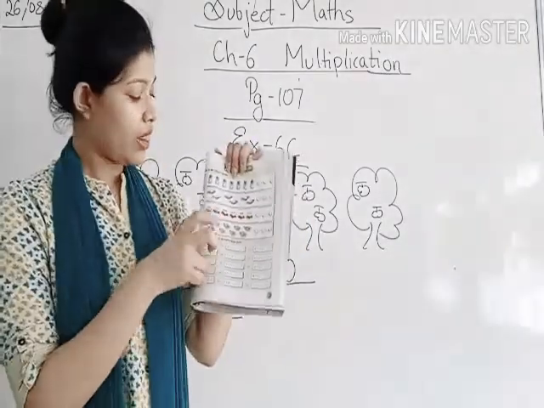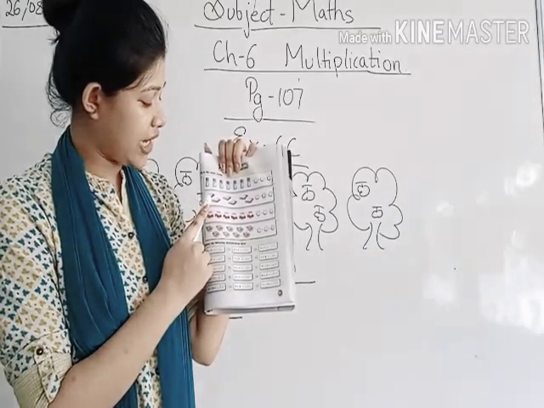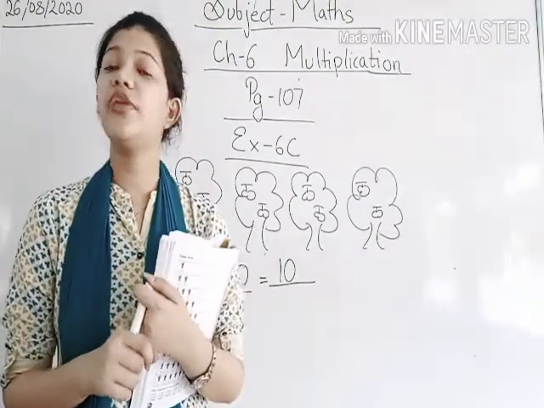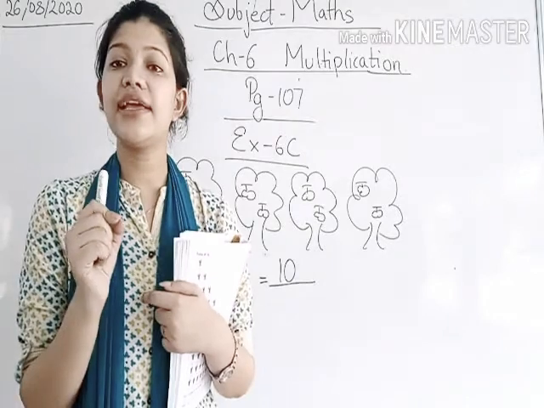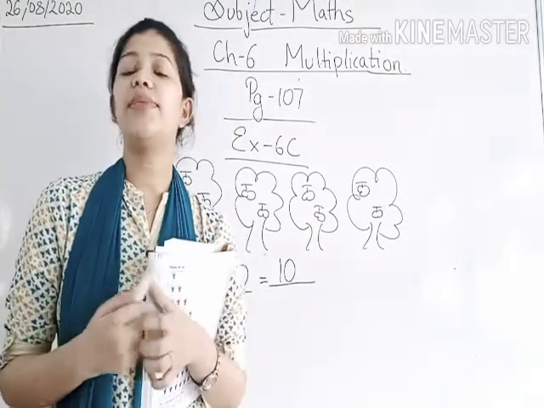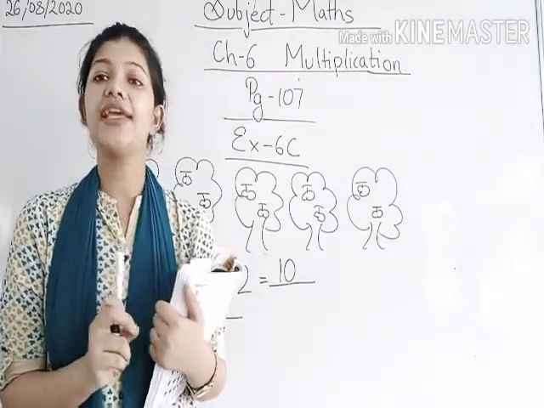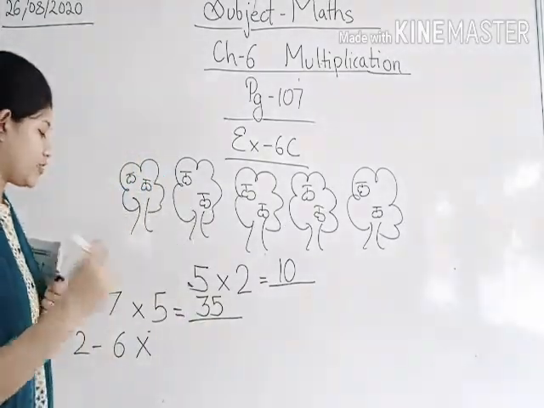Let's count. 1, 2, 3, 4, 5, 6, 7, 8, 9, 10. See, students, count very carefully, then only your answer will be correct. If you miss a single crayon, then your answer will be wrong. So please count nicely. There are 10 crayons. So the second factor will be 10.